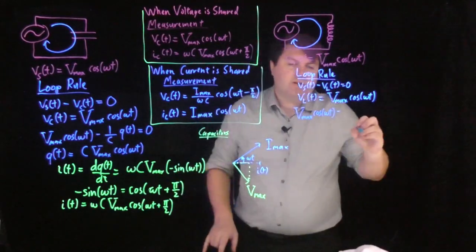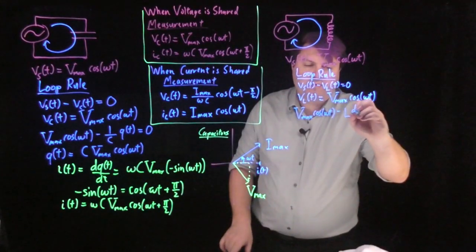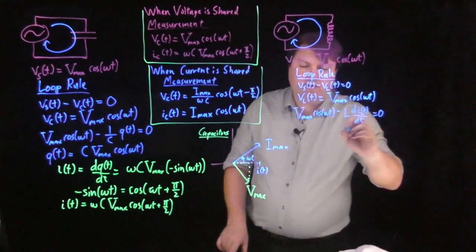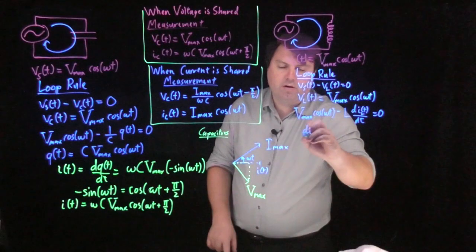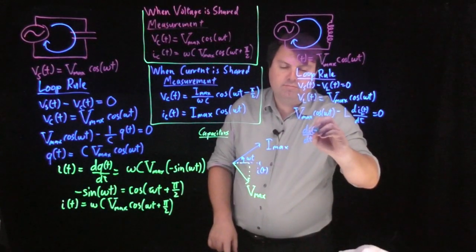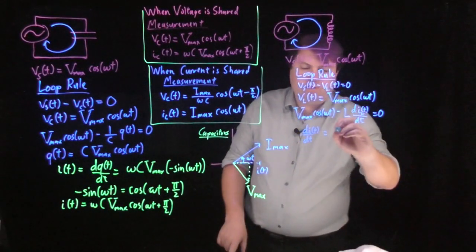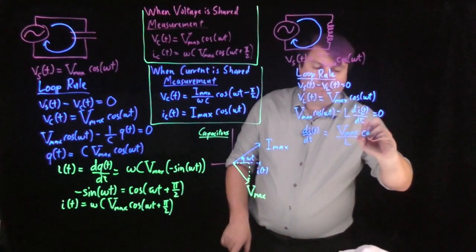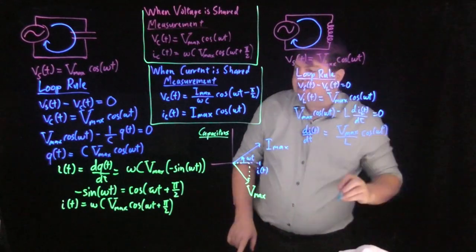The voltage of the inductor we can also write as L times di of t dt equals 0. And we can solve for di dt. And that's going to be capital V max over L cosine omega t.